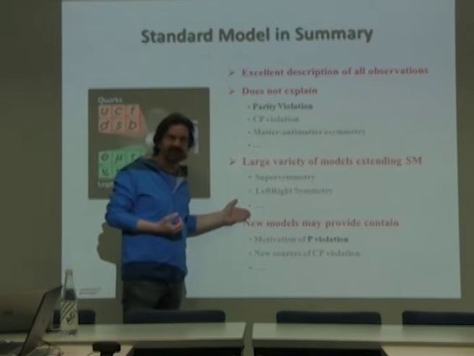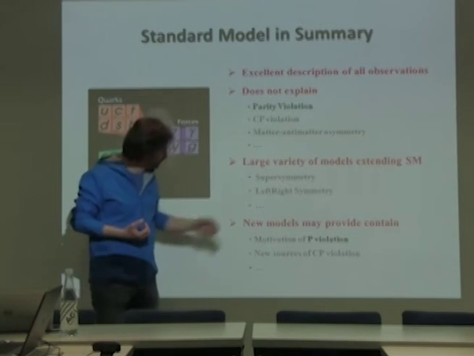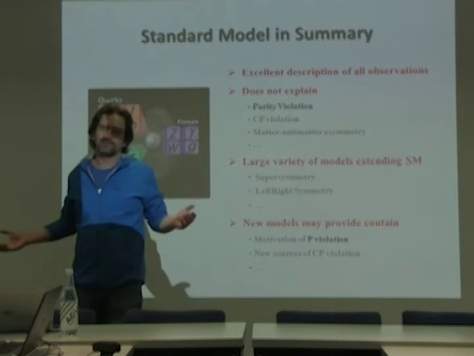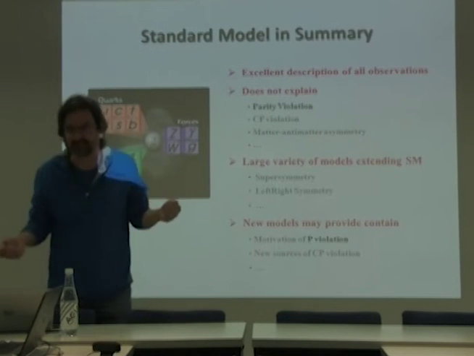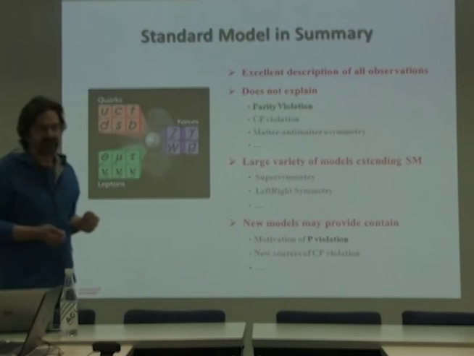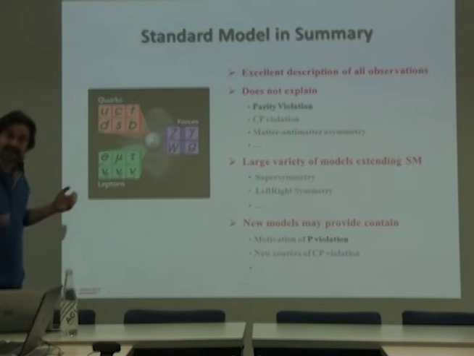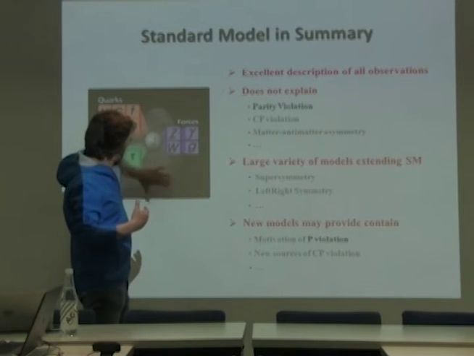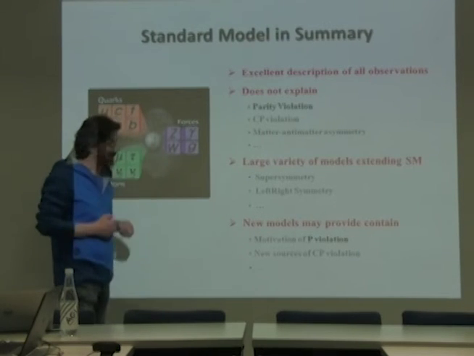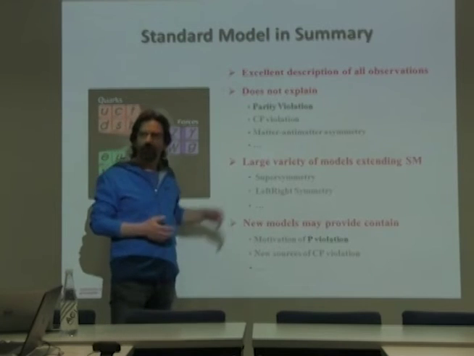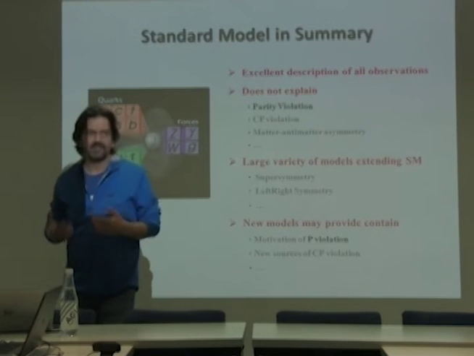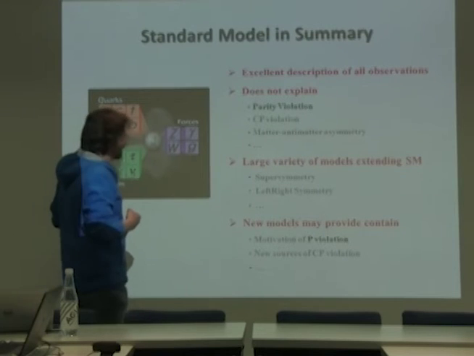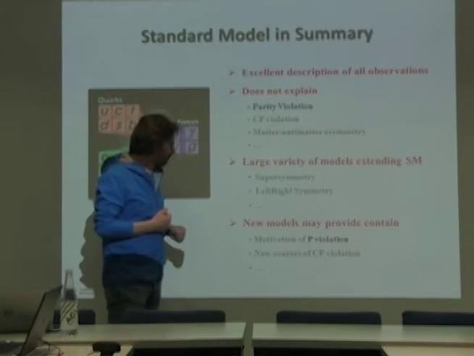There are many models which I am not so knowledgeable about, but supersymmetry is very simple. For every particle, you add another supersymmetric particle. You actually double the number of particles which are available in the universe or in your Lego system, and that definitely offers more symmetries and more things which can be used to explain.